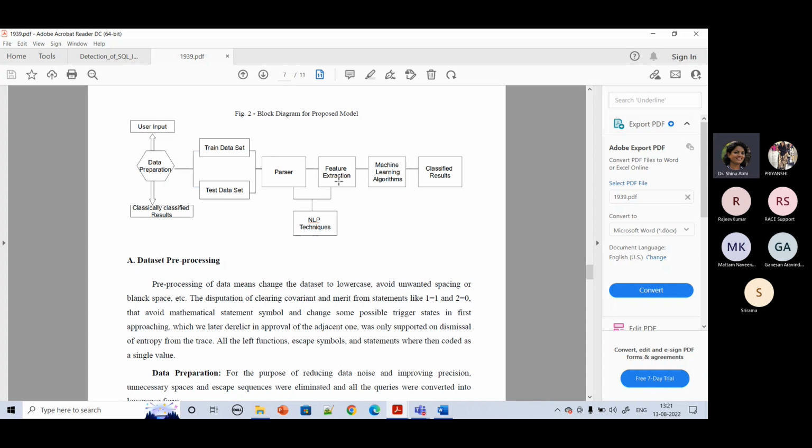So where will you take the input from? Input will be, for the machine learning algorithm, I can take the existing SQL queries which are... Hello. We lost you.